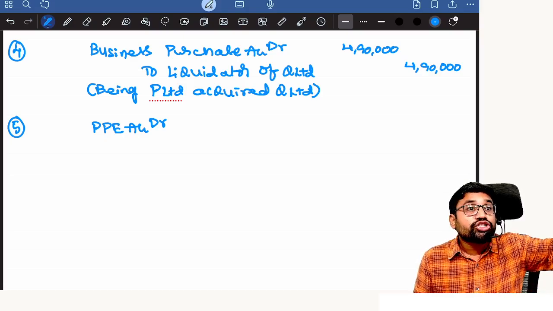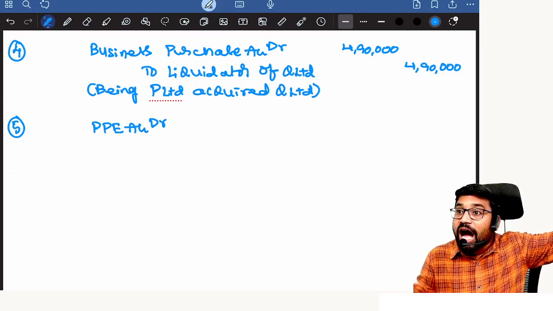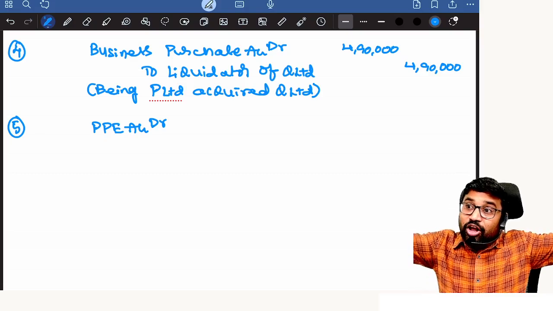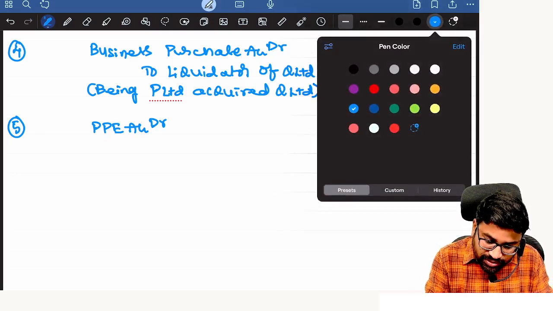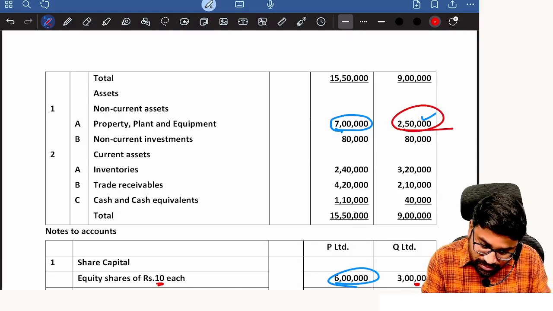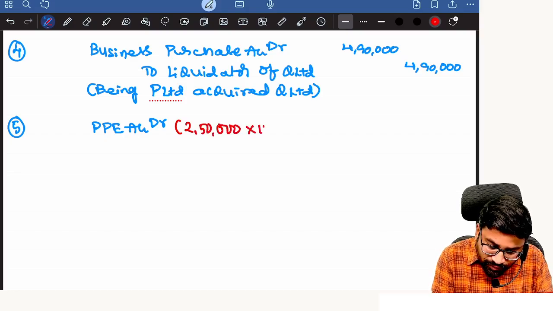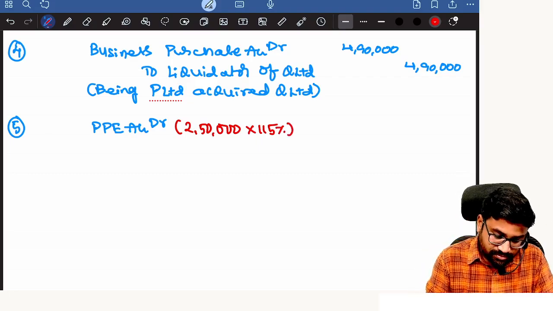Because in the question it is clearly said both the companies have done what? Revaluation. After revaluation happened, P is taking Q. That means in Q Limited also revaluation must happen. So this figure 2,50,000 is before revaluation. So therefore 2,50,000 into 115. Correct? 15% I need to increase.